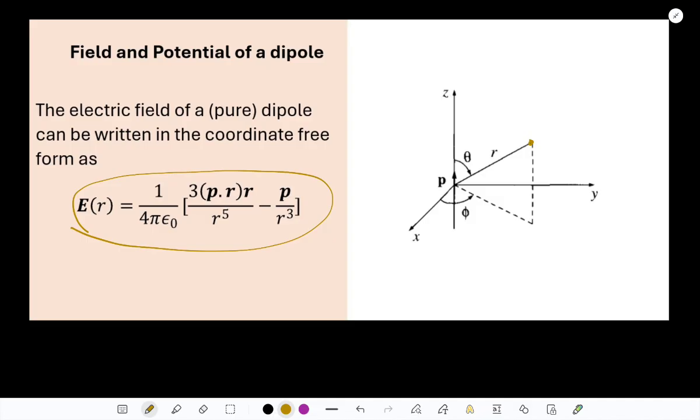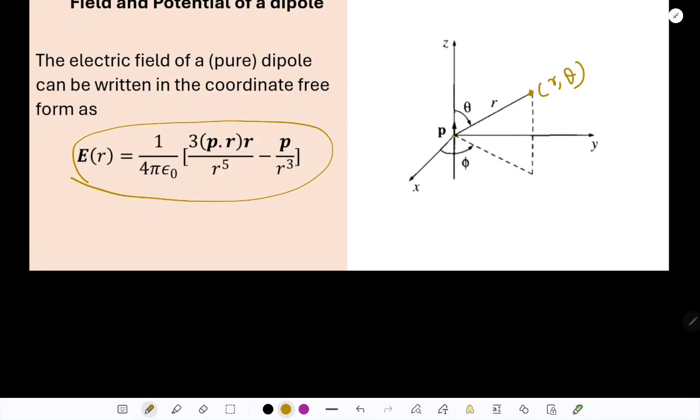I'm going to choose coordinates so that point P lies at the origin and points in the positive direction of x-axis, and the potential at this point, whose coordinates can be written as r theta, is phi r theta is equal to P dot unit vector r divided by 4 pi epsilon naught r square, and the angle between P and R is theta, so P dot unit vector r will simply become P cos theta.